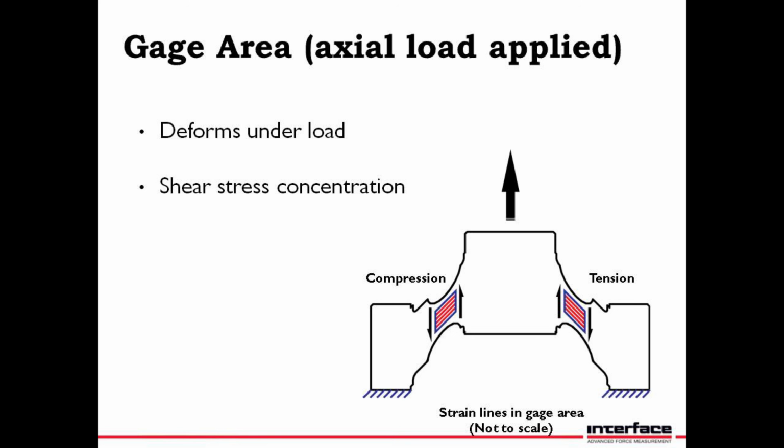Some of those strains cause gauges to be under tension, and some of those strains cause the strain gauge on the opposite side to be under compression.